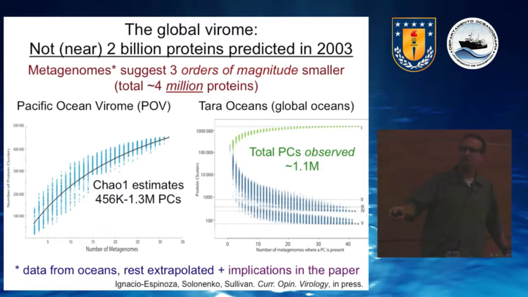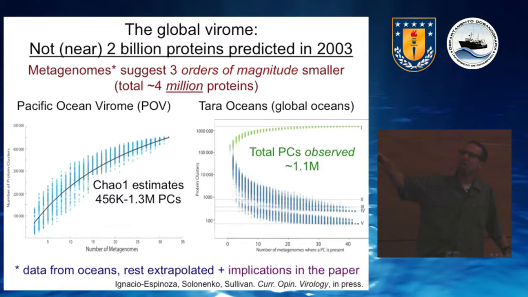There's all kinds of assumptions made in the paper, challenging extrapolations, and the implications, and they're described in this paper, which is now available. It's highly speculative, but we've since actually gone back with Tara Oceans data, and we're definitely flattening this curve now. In green are the protein clusters that are novel.